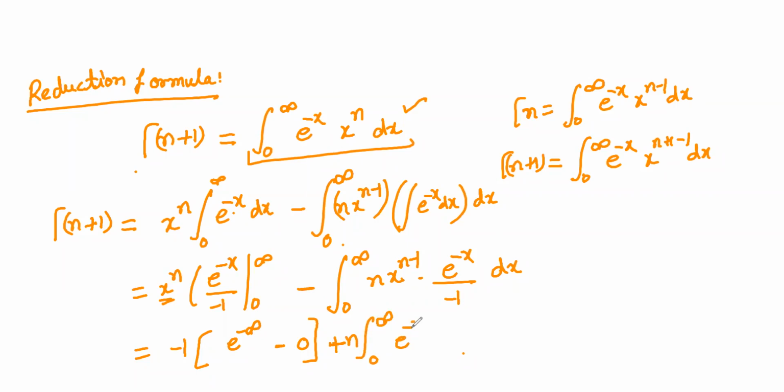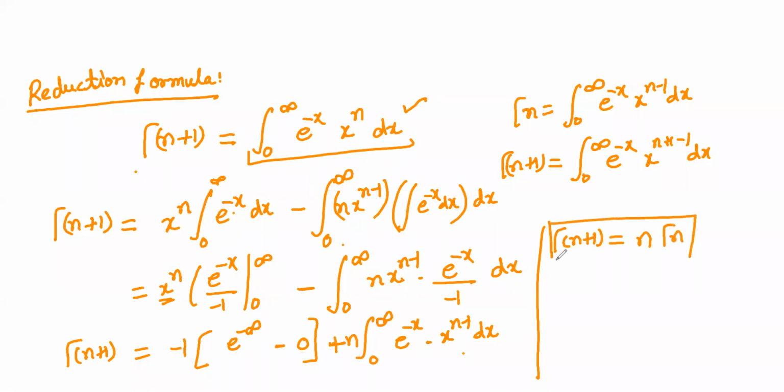So it will be e raised to minus x, x raised to n minus 1 dx. What is this on the LHS? Gamma n plus 1. So gamma n plus 1 is equal to n, and what remains? Gamma n. Understood? The remaining value is gamma n.